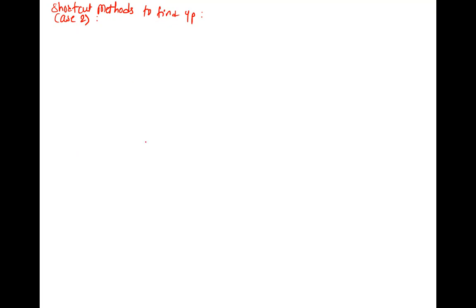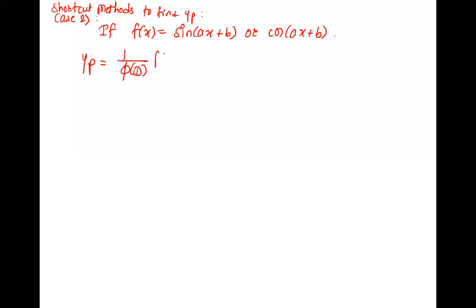Case number two in the shortcut methods: if f of x is sin of ax plus b or cos of ax plus b, sin or cos. Okay, so YP is defined as 1 upon phi d into f of x. Correct? This is the definition of YP.